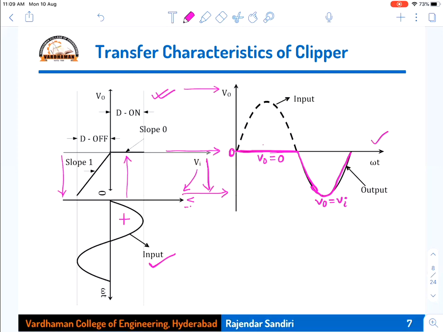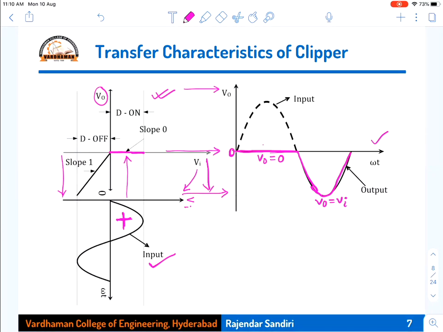So that's why in the transfer characteristic also, for the positive cycle of the input, you are getting a 0. Slope is 0 and V0 is equal to 0. Therefore, we have plotted this particular line by observing the output voltage compared with the input voltage. For the given positive input voltage, the output voltage is 0. Therefore, your plot here will be 0.